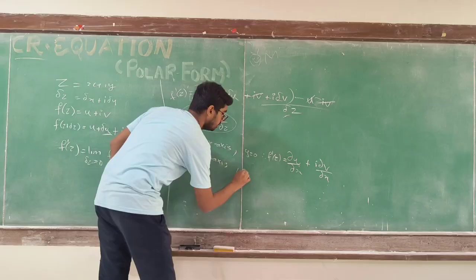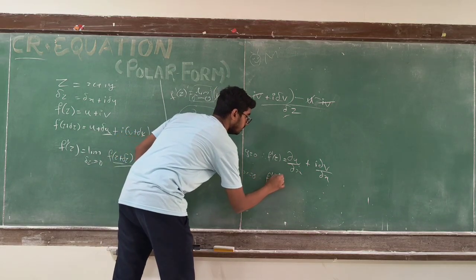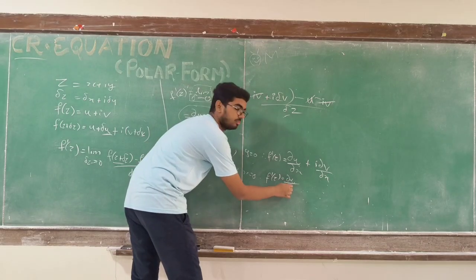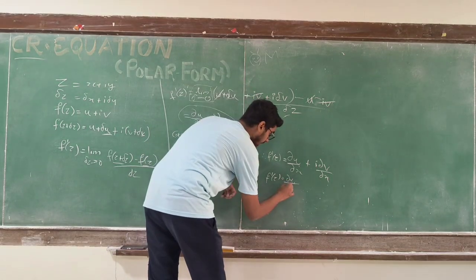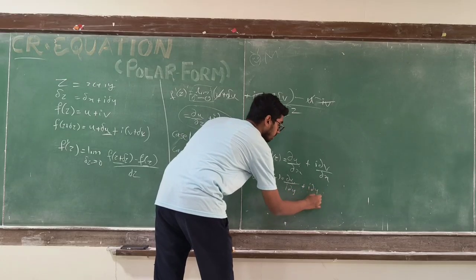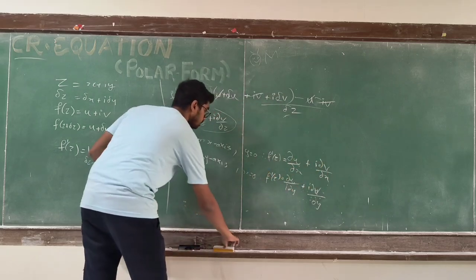On the y-axis we have x equal to 0, therefore f dash of z will be equal to del u by i del y plus i del v by i del y. Right.